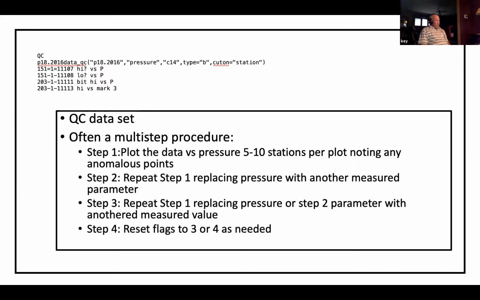After doing the merge, I go through a QC step, and there are typically two parts to it. The first part is just to examine the data. Once it's imported in, I keep extraordinarily detailed notes. In this case, this shows one example where for P18, I'm running my QC program and making a plot of pressure versus C14.